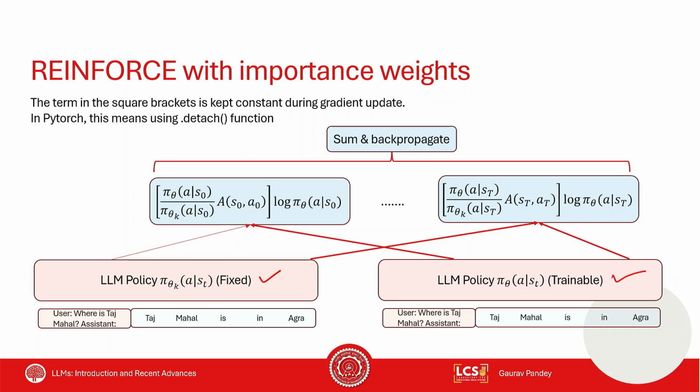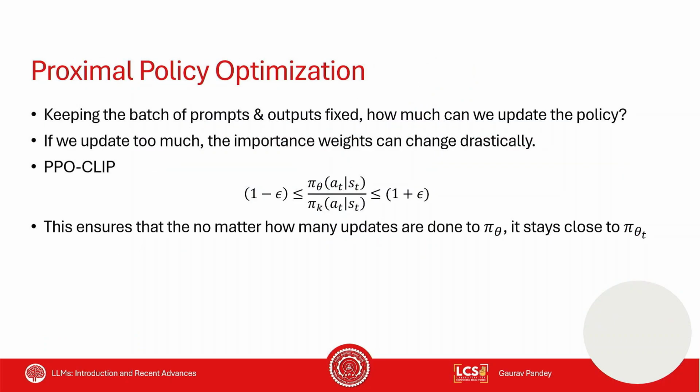So what PPO does is it bounds this fraction. It says the pi theta by pi theta k ratio should be within this range of 1 minus epsilon and 1 plus epsilon whenever I do an update.